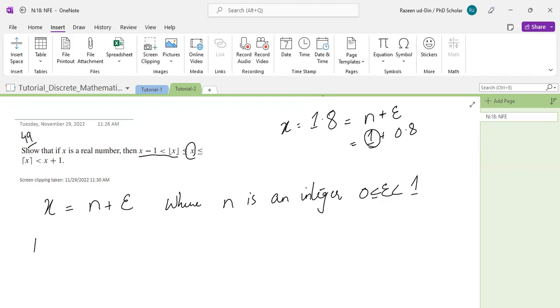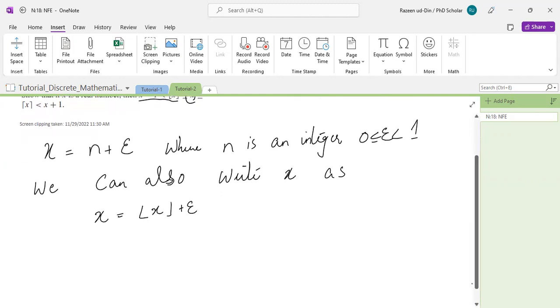So this means we can also write x as x equals floor of x plus epsilon, because we know that the floor of a number x is defined as the greatest integer less than or equal to x, right?